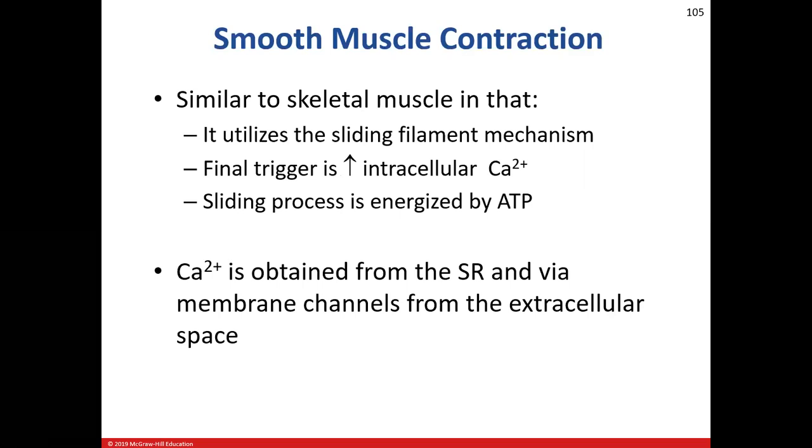And then the other factor is that the sliding process is energized through the use of ATP. ATP goes through that dephosphorylation process on that myosin head in both cases. We also see that calcium is obtained from the sarcoplasmic reticulum via membrane channels from the extracellular space.